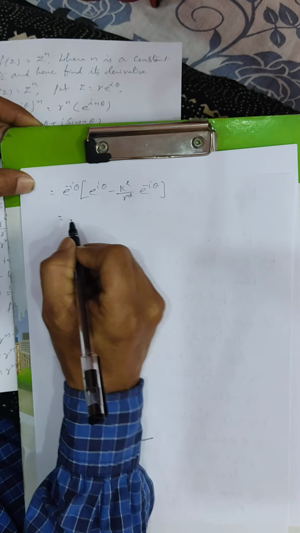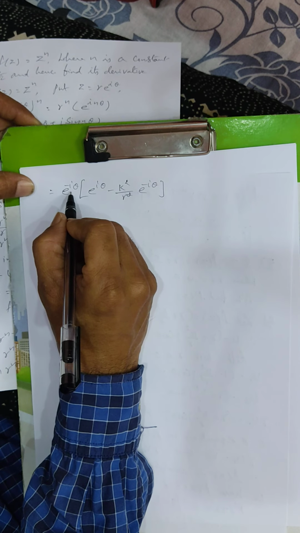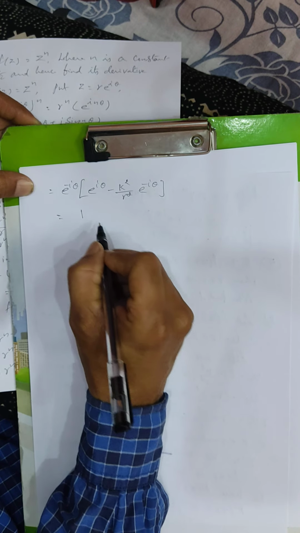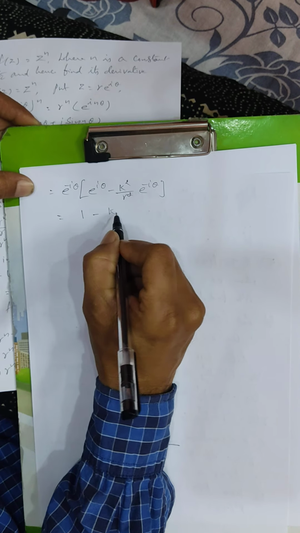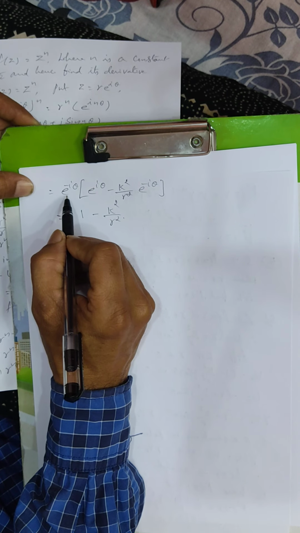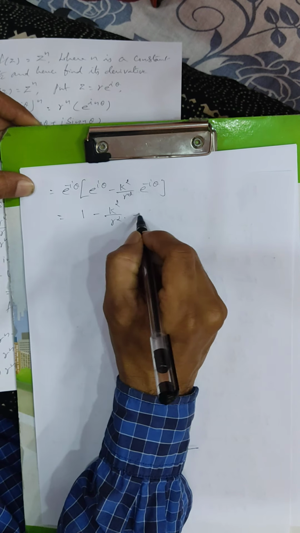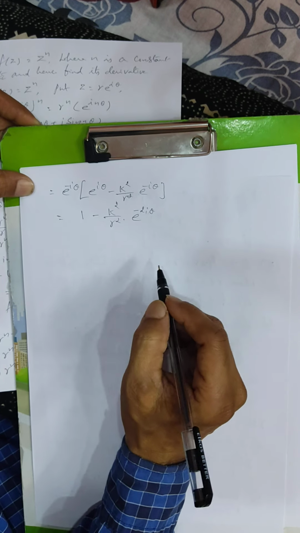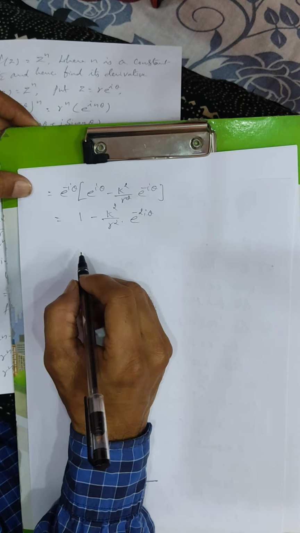Now let us multiply. e power minus I theta into e power I theta is e power 0, that is 1, minus k square by r square. e power minus I theta into e power minus I theta is e power minus 2I theta.